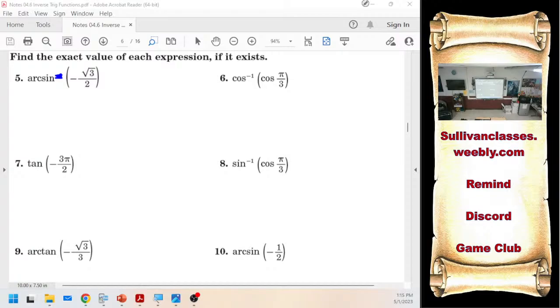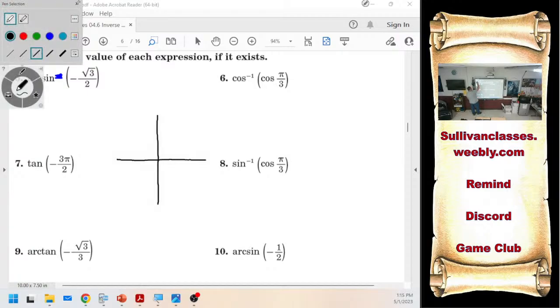Go to -3 pi over 2 and tell me what the tangent is. Cosine of pi over 3 is 1/2, arcsine of 1/2.